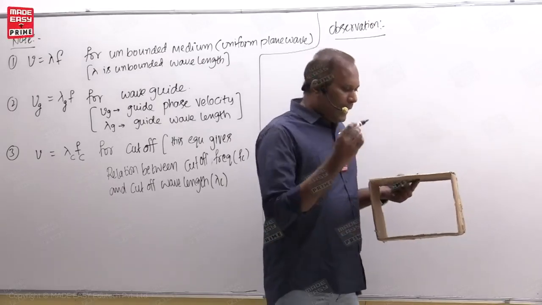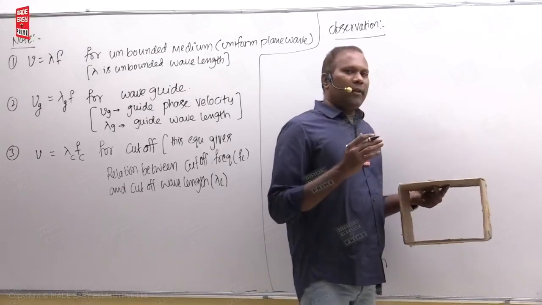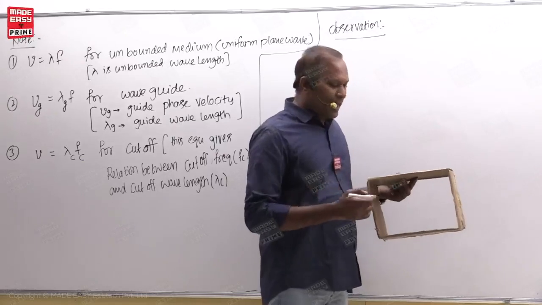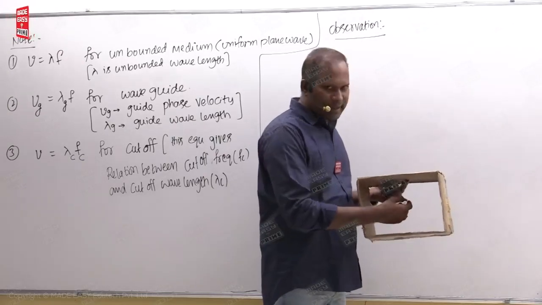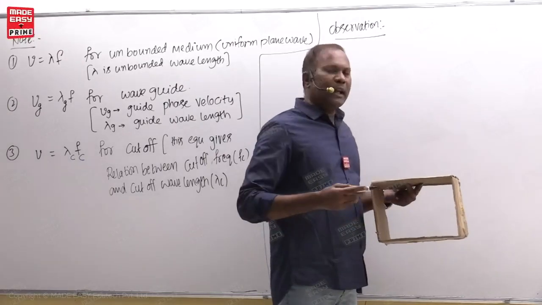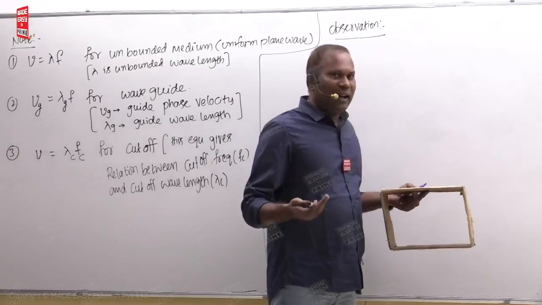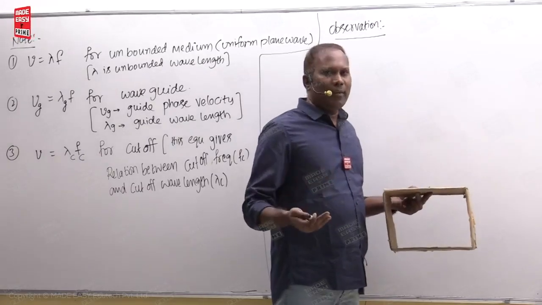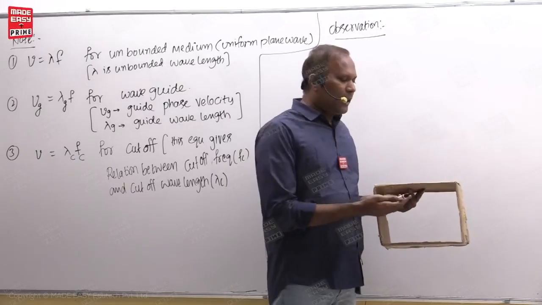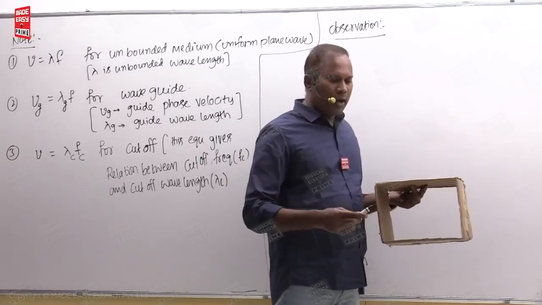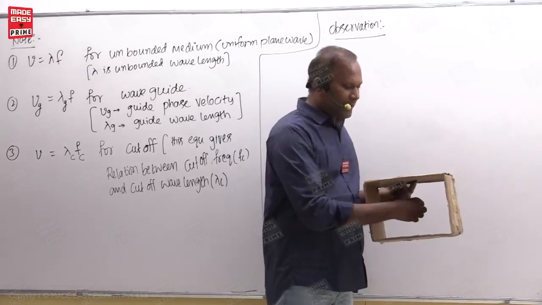So in the waveguide, if any EM wave travels along the waveguide axis, then you can call that a wave traveling in unbounded medium. You can think that there is no waveguide at all if the wave travels along the waveguide axis.